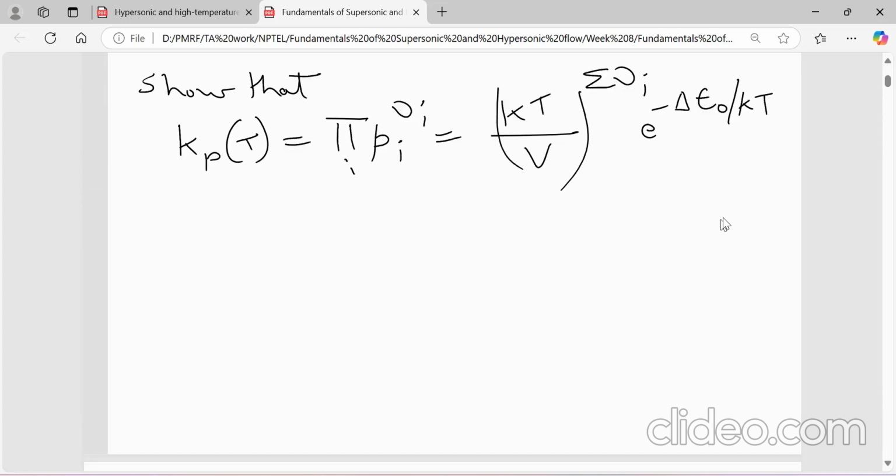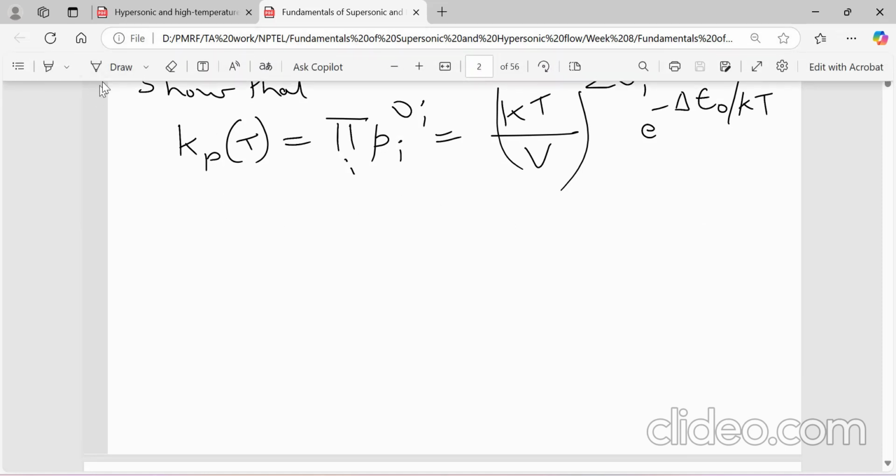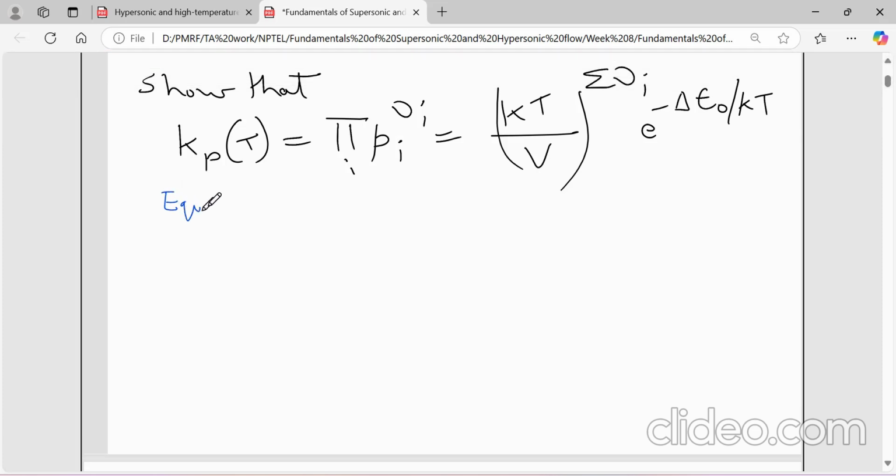There was one expression which was shown in the slide, which was for equilibrium constant in terms of partition function.